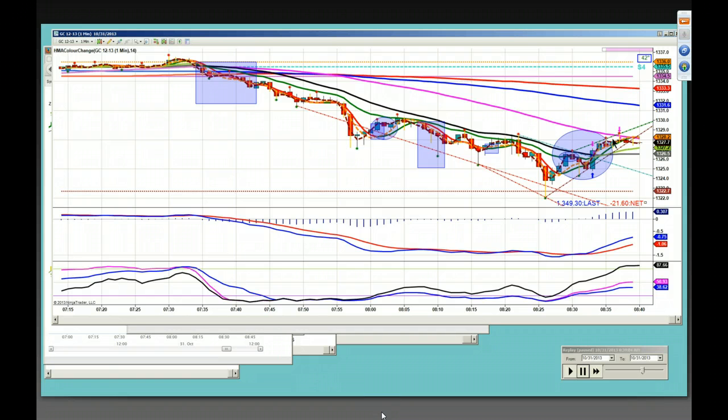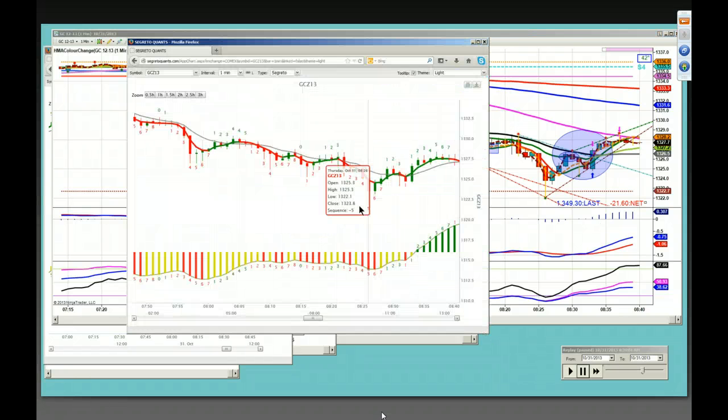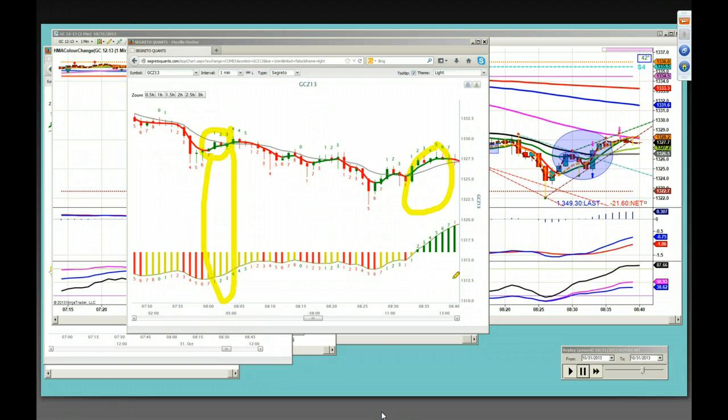So how can we tell? Let's take a look at this on the Segredo. How can we tell the difference, looking at real time, between our retracement and our big reversal opportunity? What's the difference? We've got green on green with the yellow. Here we've got the yellow, green on green. How can we tell? HMA crosses a 13.